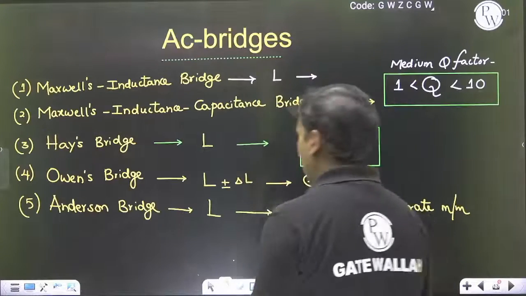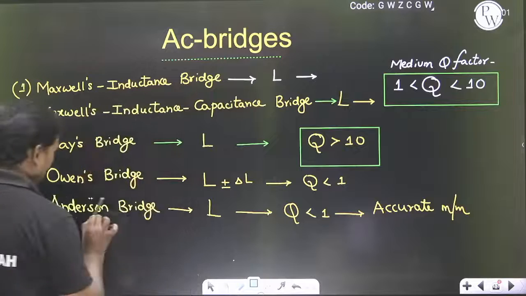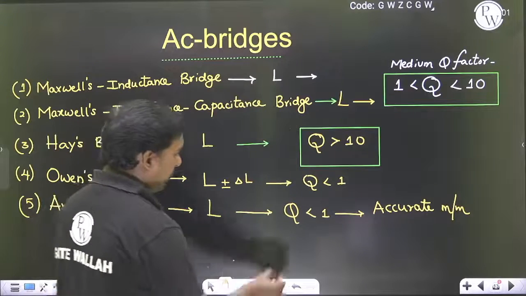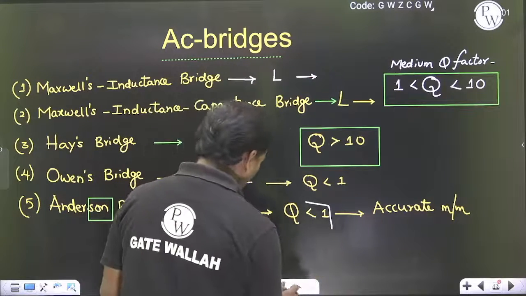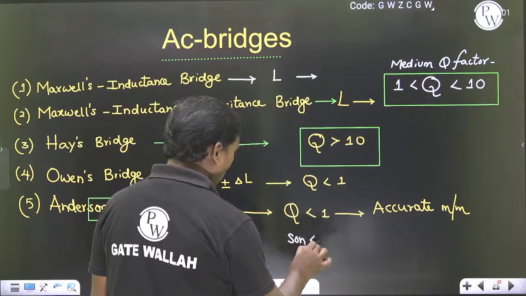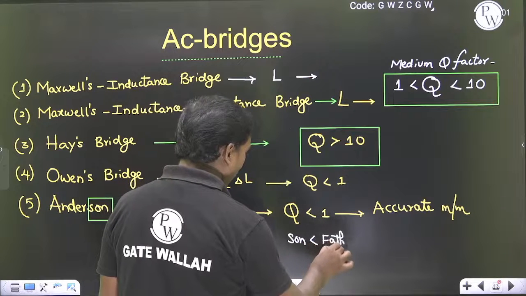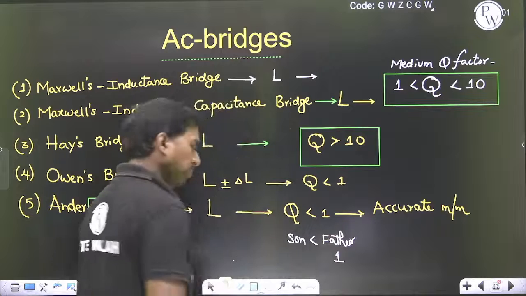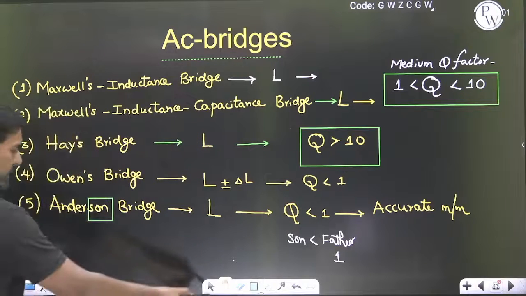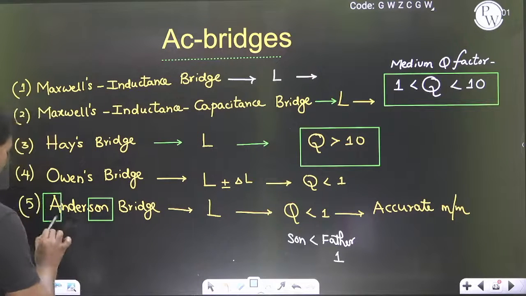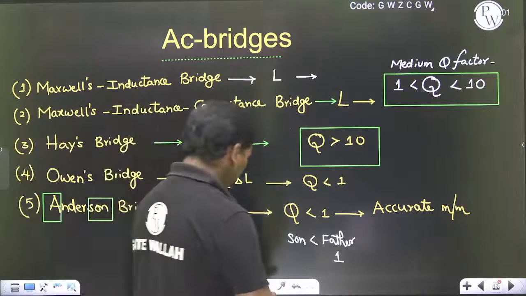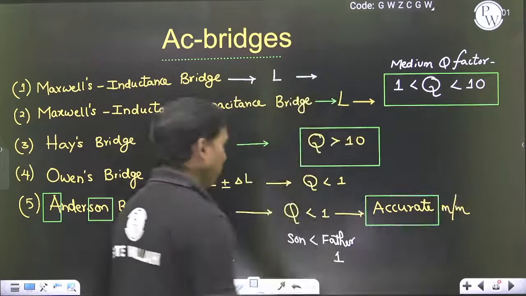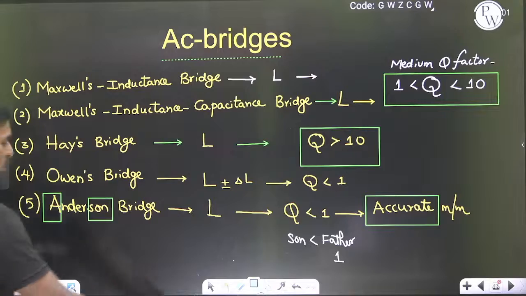Next, in Anderson, there is Sun, so it is always less than 1. Son is always less than father, if you take father as 1. Next, in Anderson, A stands for accuracy, accurate measurement. Next, Owen's.